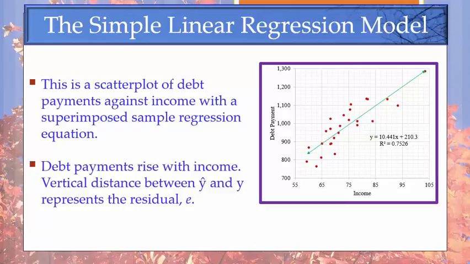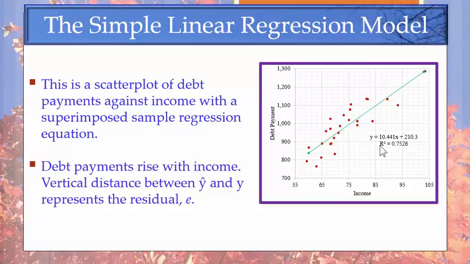And you can see the y hat formula and the r squared, and you can see that there's a pretty strong relationship between income and debt payments. So this is sort of the end result. This is what you kind of end up with. So when we have something that looks like this, we can predict with pretty good assurity that someone's debt payments are going to go up as their income rises. Not all that surprising, but certainly a nice simple model to begin with.